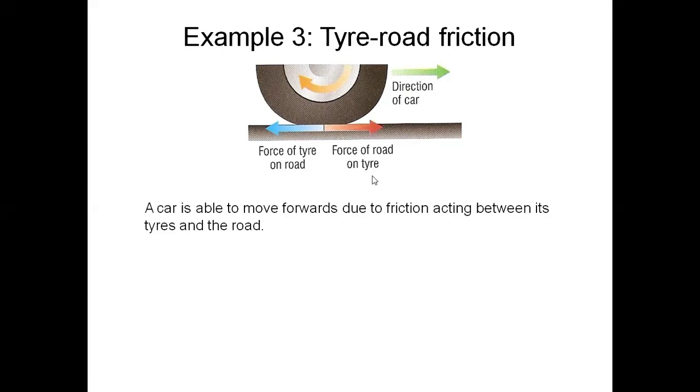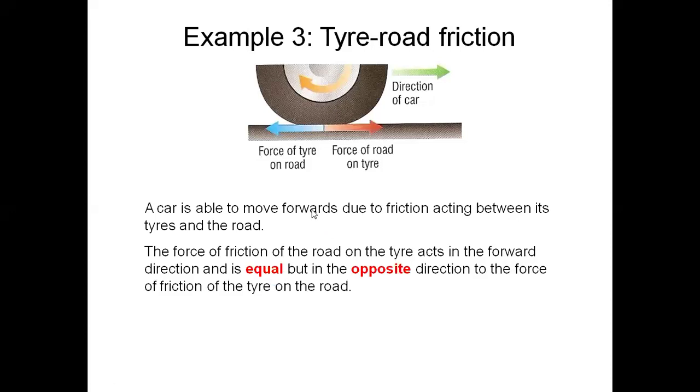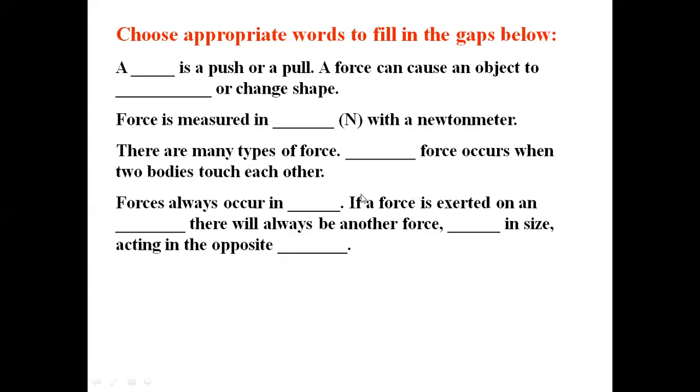So a car is able to move forward due to friction acting between its tire and the road. The force of friction of the road on the tire acts in the forward direction and is equal, but in opposite direction to the force of friction on the road. The friction of the tire on the road will be in the opposite direction.